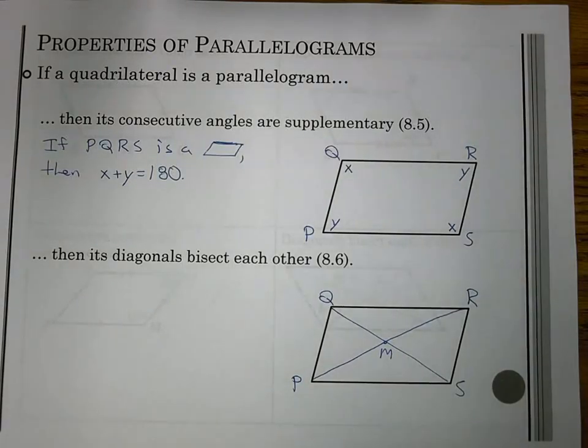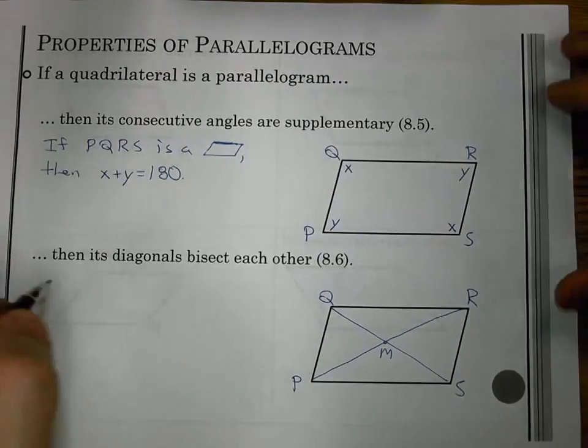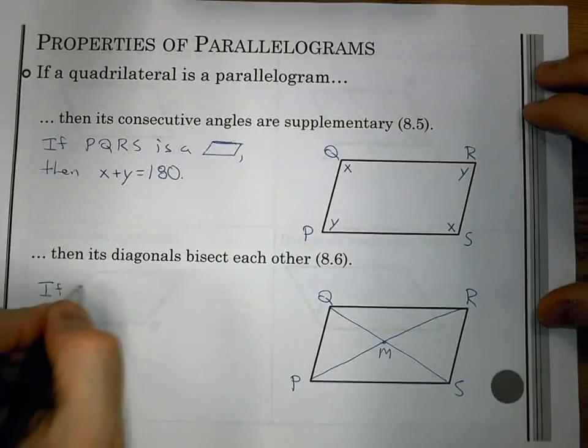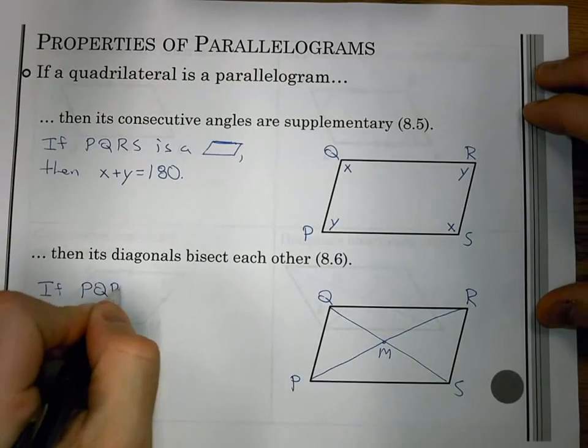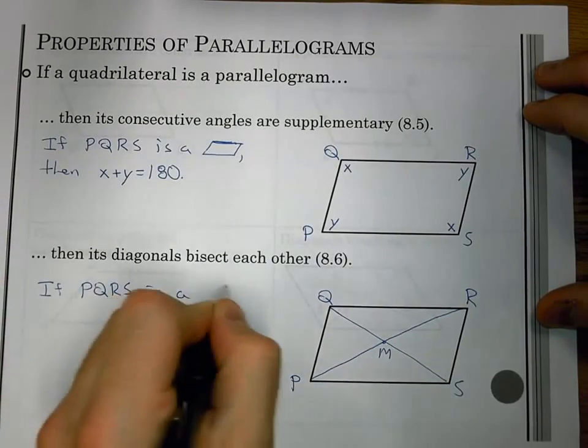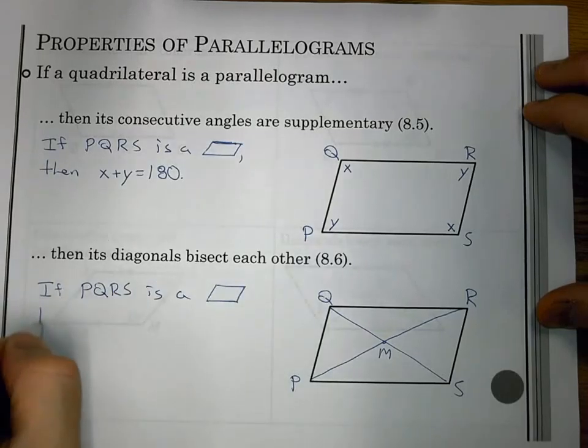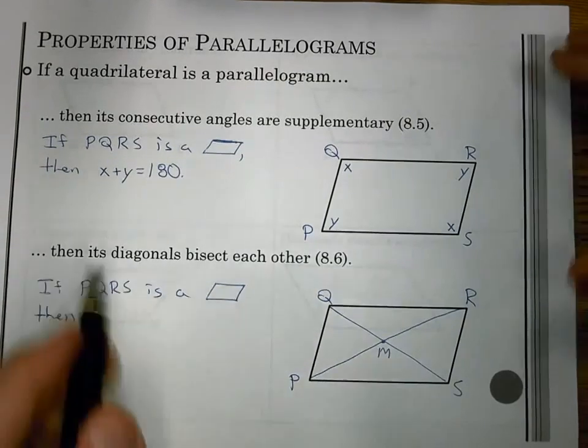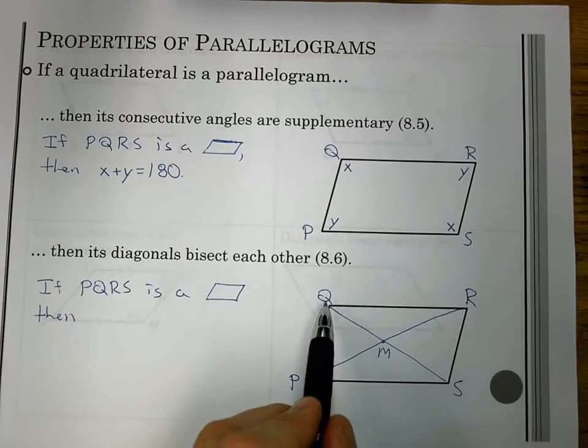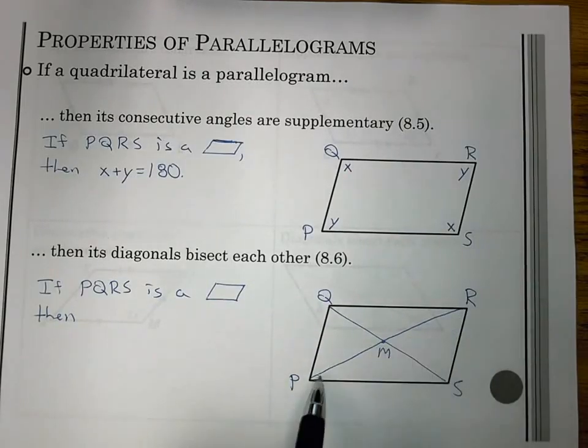Our final one, if a quadrilateral is a parallelogram, then its diagonals bisect each other. So in this one, if PQRS is a parallelogram, then let's see, how are we going to represent diagonals bisecting each other? I've drawn my diagonals.